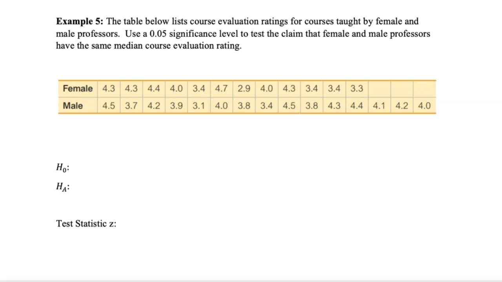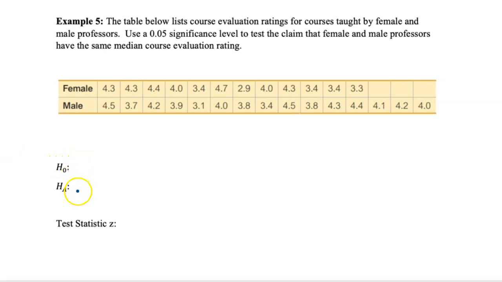Example 5. The table below lists course evaluation ratings for courses taught by female and male professors. Use a 0.05 significance level to test the claim that female and male professors have the same median course evaluation rating.